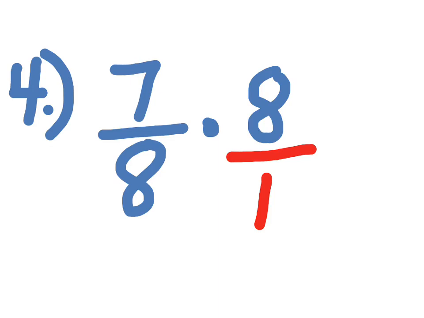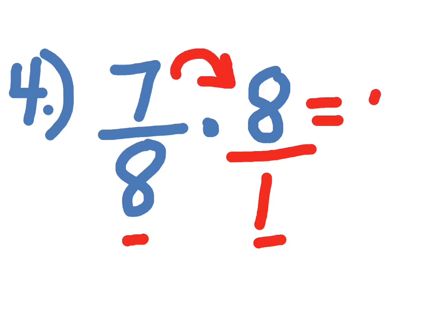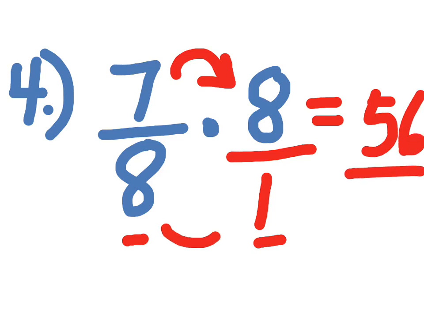So 8 now is 8/1. So we have 7/8 as a fraction and we have 8/1 as another fraction. Now we are ready to multiply. So numerator times numerator is 56. And then denominator times denominator is 8 times 1 is 8.